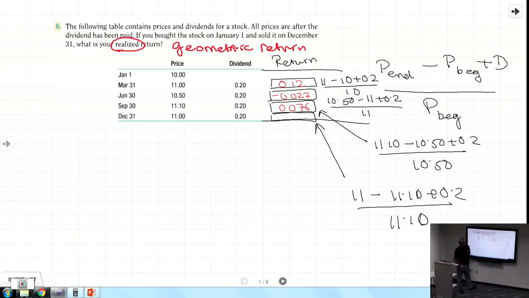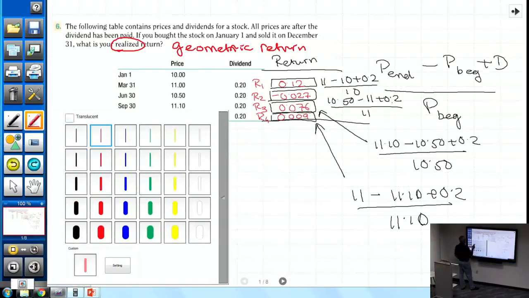And for the fourth one, it is 0.009. So those are our returns each year. So we can label this R1, R2, R3, R4.